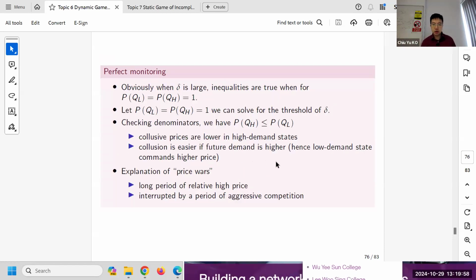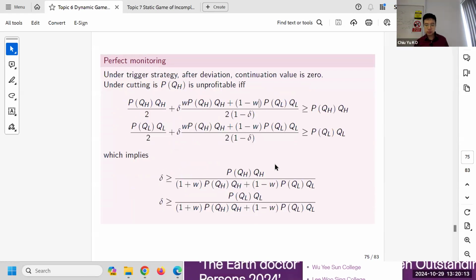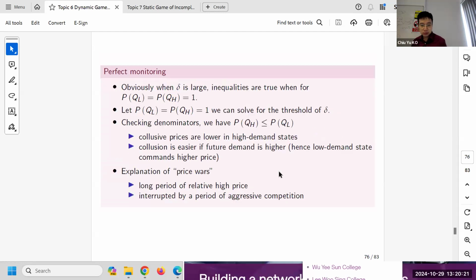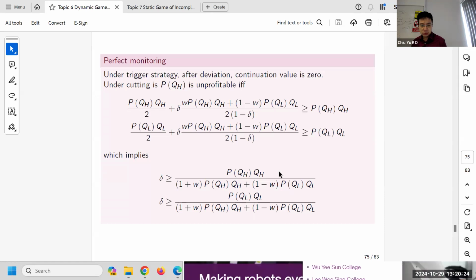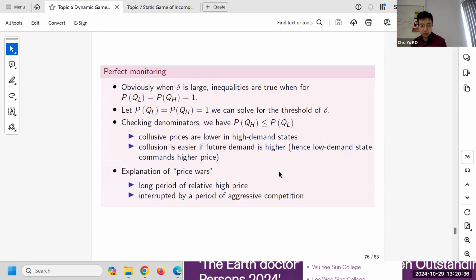Now the next part is to show you why we have QL less than QH. Why is that the case? Let me think why we have that.